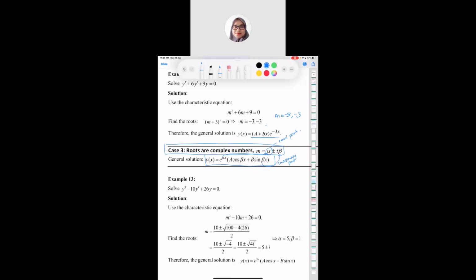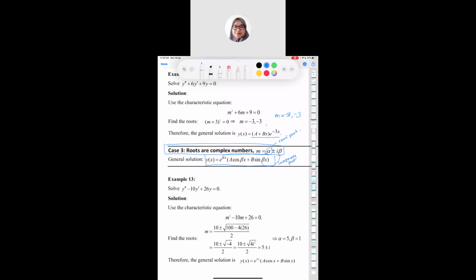Make sure you alert, ke atas hujung yang atas 5 ni, ada perkataan R to I, real to imaginary. Maksudnya bila you ada lambang tu, you ada complex number. So be careful.